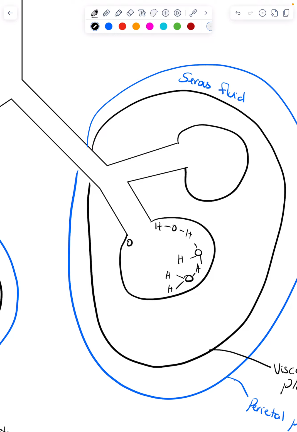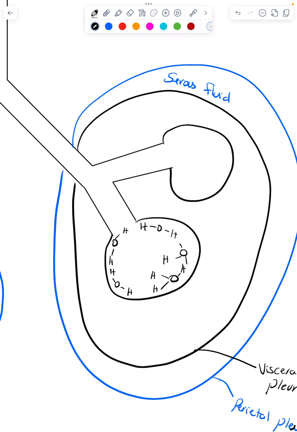I drew this side correctly, this side correctly, and this side incorrectly, but that's okay because you understand what I'm saying. Water wants to make hydrogen bonds because it can, and these sacs are really, really small, and so what happens is, filled with water, it's going to want to make a little sac, and they're going to want a hydrogen bond.